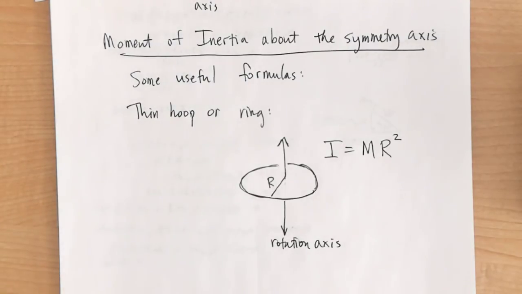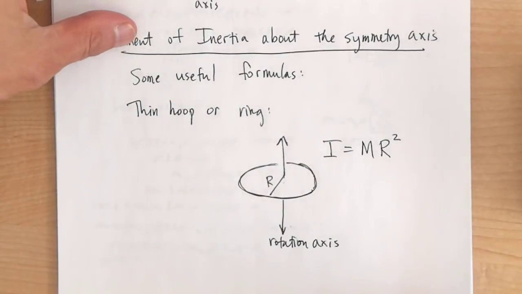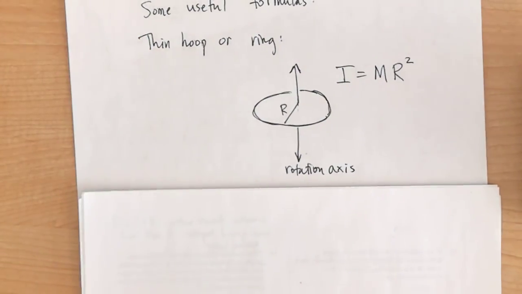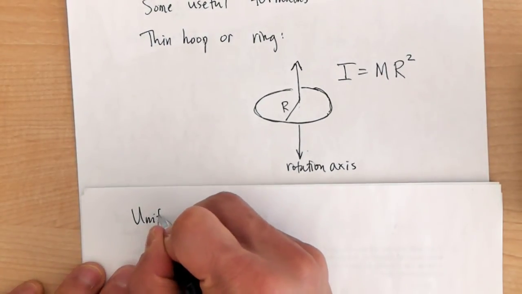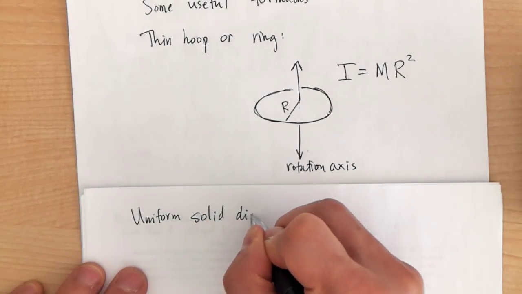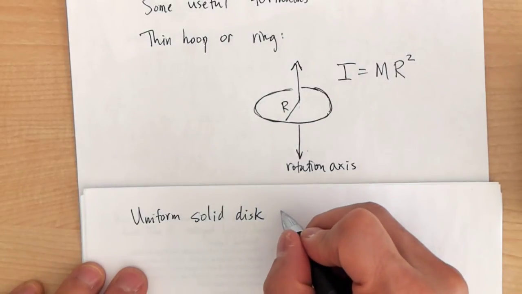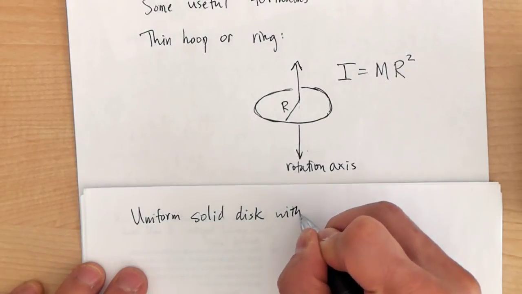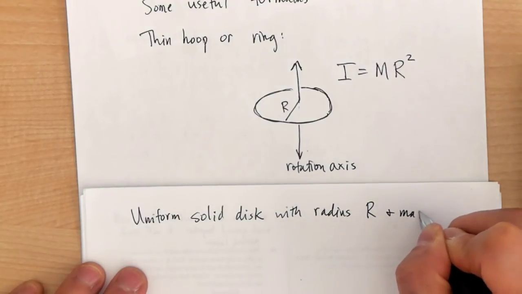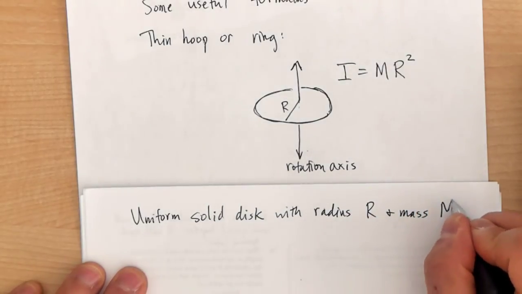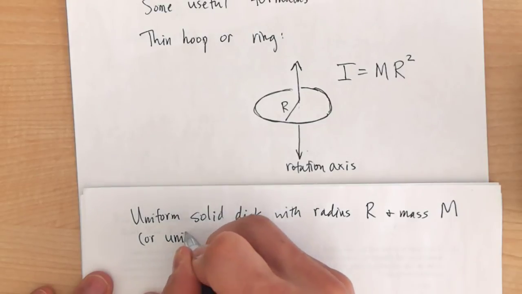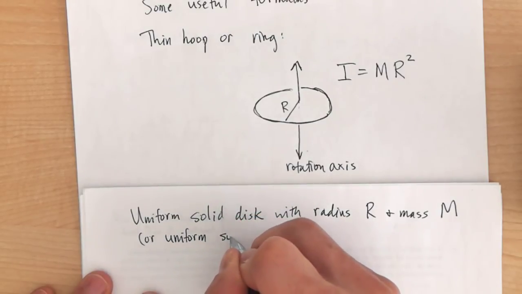Now the next useful formula is a uniform solid disk with radius capital R and mass M. The same formula will work for a uniform solid cylinder.